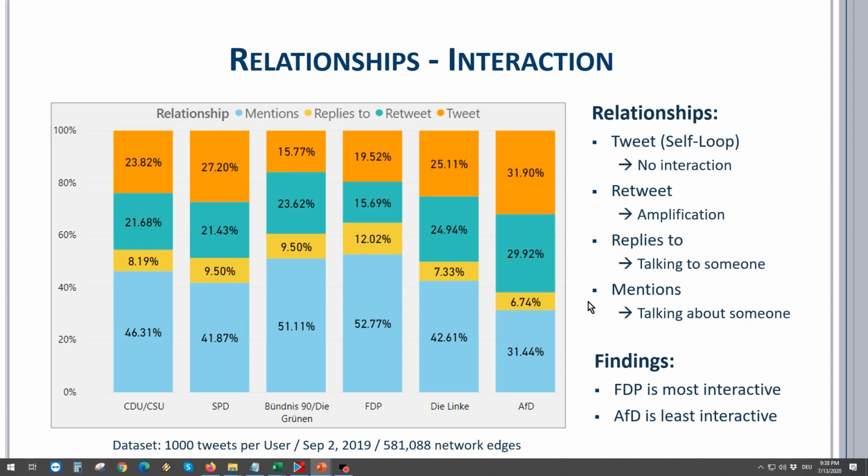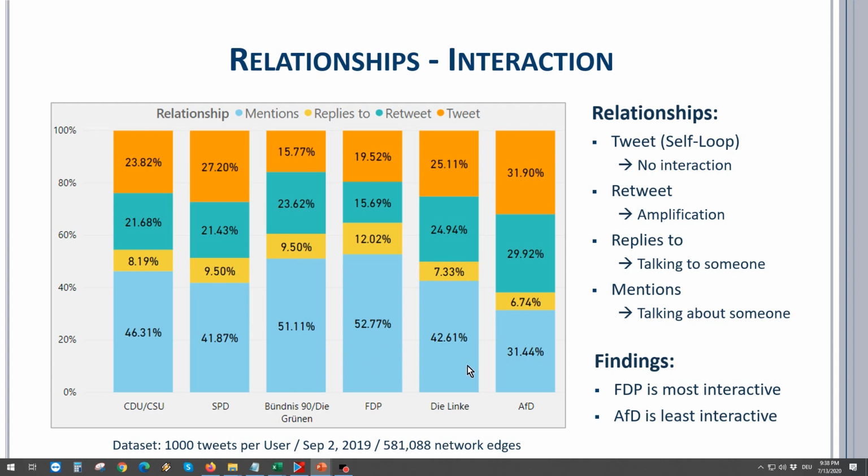And now when we summarize this part here, the interactions by replies and mentions, then we can say, well, which party is most interactive or least interactive. These are the bottom categories here.